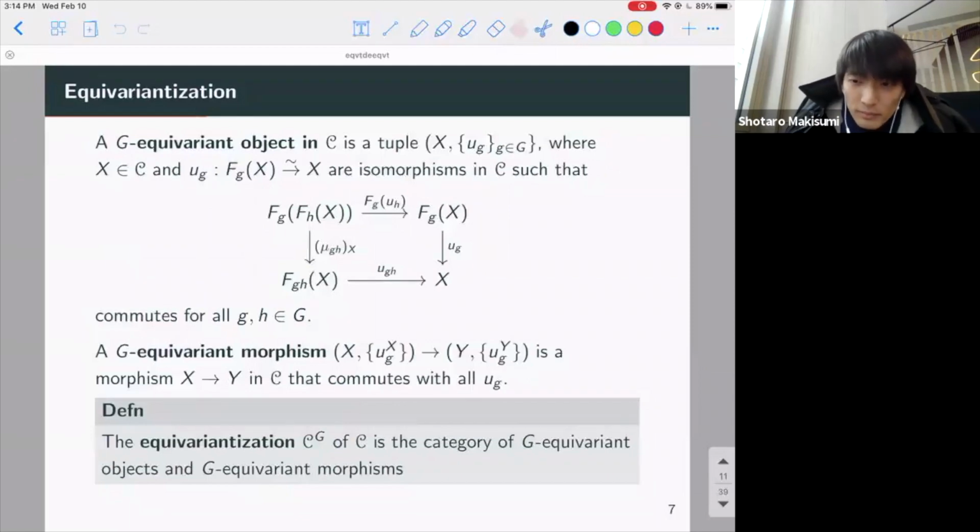Here's a definition. A G equivariant object in C is an object in C together with isomorphisms of this form. So remember, this f_g was supposed to be the action of g. So you're saying after acting by g, it's isomorphic to the original object. And I actually fix an isomorphism. And this data is required to satisfy some natural compatibility.